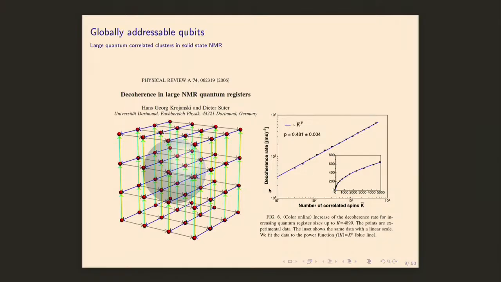How are they made? The way it is made is that these spins are interacting via dipole-dipole interaction. So there is a double quantum Hamiltonian, plus plus, minus minus.